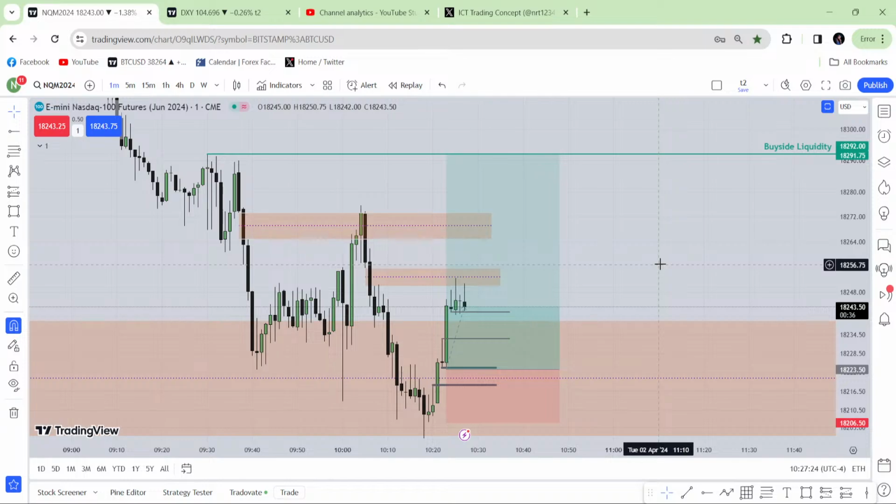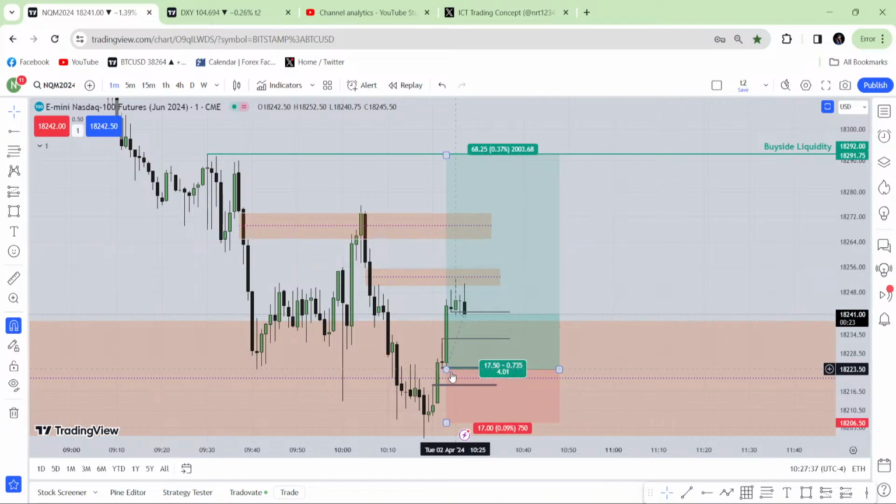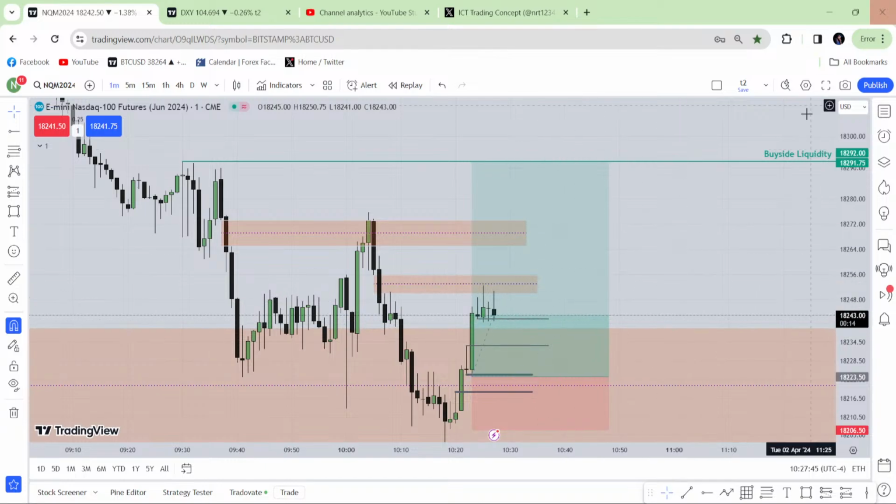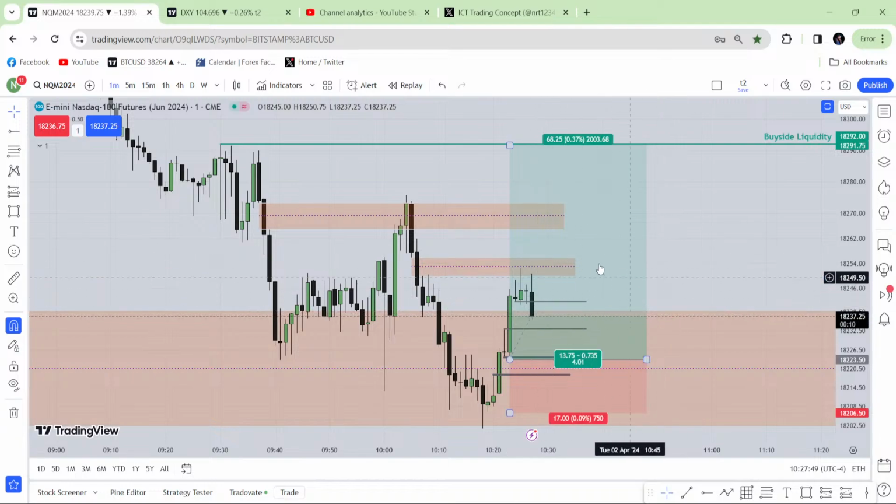IOFED, actually I don't. Oh, this question is invalid. Okay, which time frame does it work on? I mean, this question is invalid because IOFED is the institutional order flow entry rule. That means if you miss this entry, you can take that entry over there. So ICT explained IOFED that way, but he didn't give us any other information about IOFED.